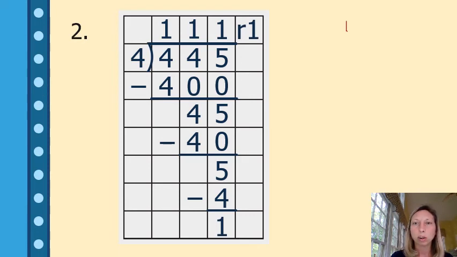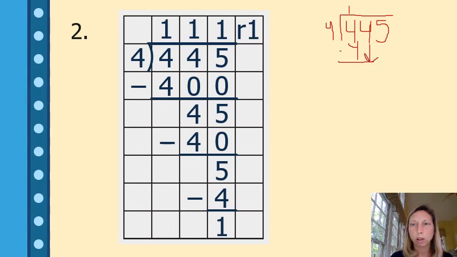So let's do this one over here, 445 divided by 4. All right, so we have 1 times 4 is 4. Subtract. I get 0, so I bring down my other 4. 4 divided by 4 is 1. 1 times 4 is 4.